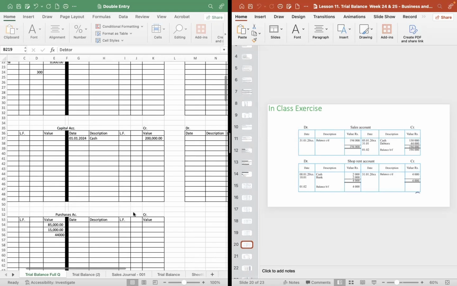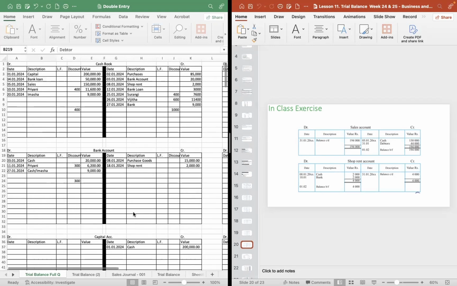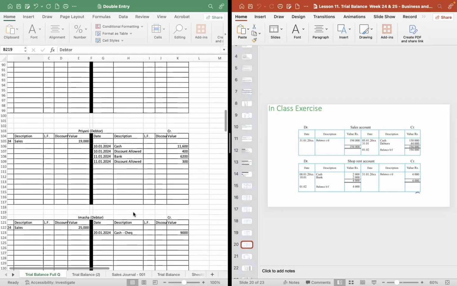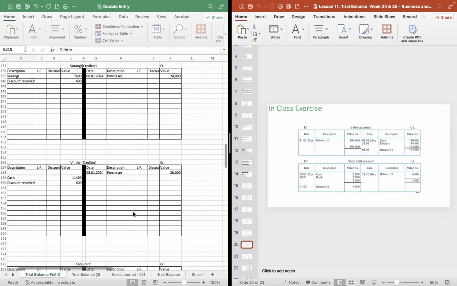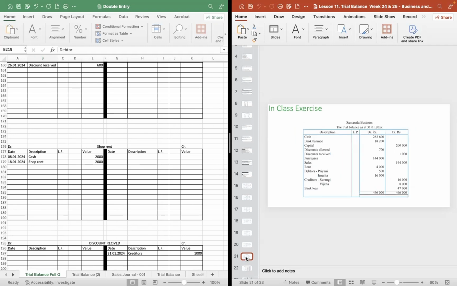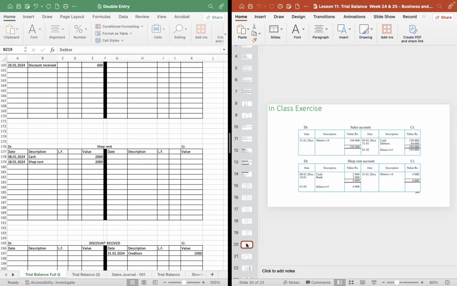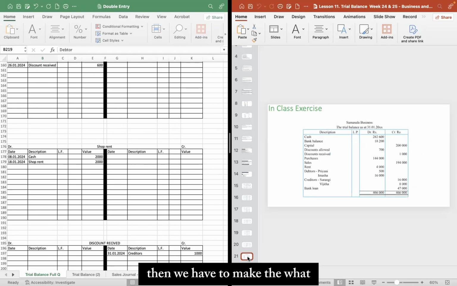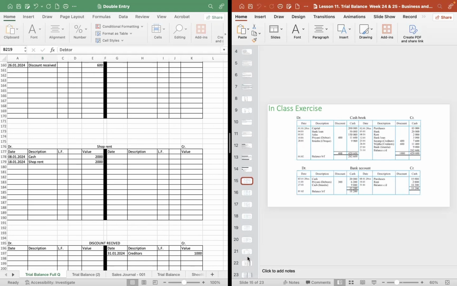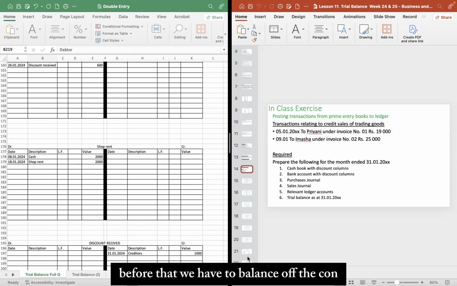Shop rent, okay. Then we have to make the trial balance. Before that, we have to balance off the accounts.